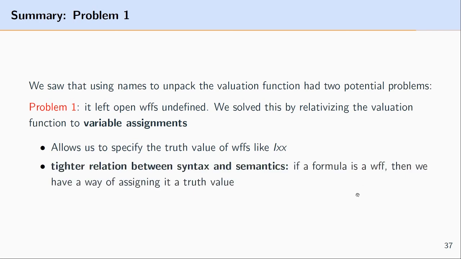And it also gives us a really tight relationship between syntax and semantics, in that if a formula is a well-formed formula, then we have a way of assigning it a truth value. Whereas before, if a formula was a well-formed formula, it might not have a truth value, especially if it's an open well-formed formula.